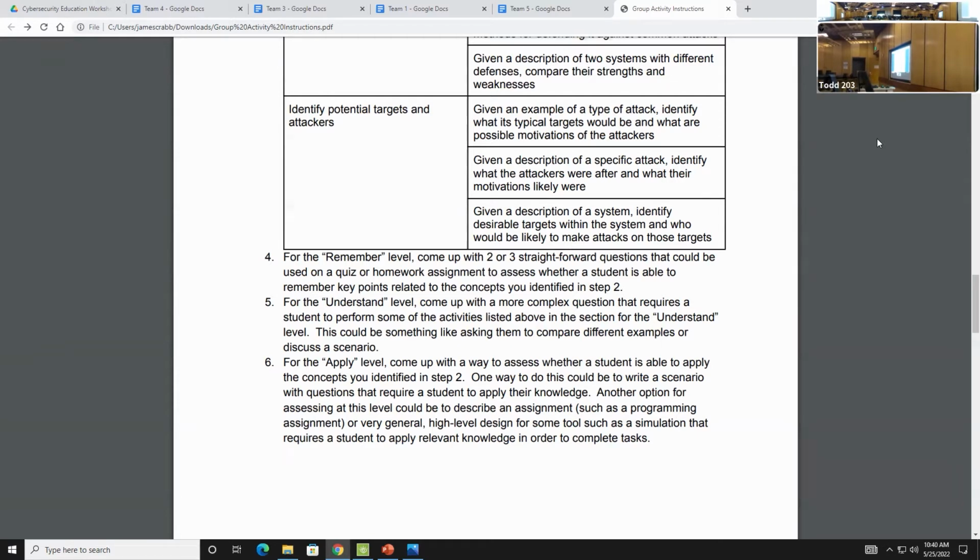Pretty straightforward questions. Each quiz assesses whether the student is able to remember key points related to concepts.